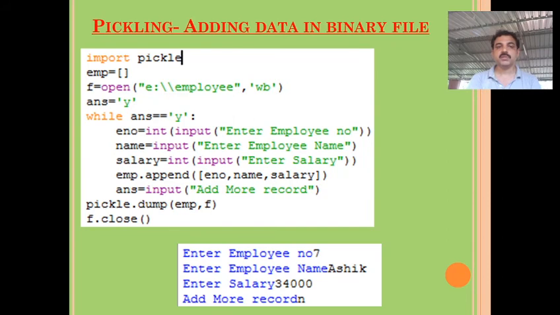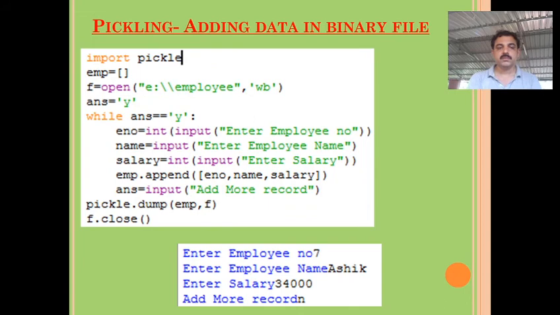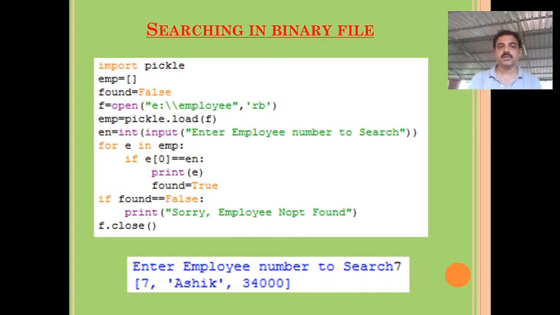We have seen the operations for adding data to a binary file. So you need to open the file for writing binary. So WB is written. Then read it and store it in a list and dump that list to the file. Similarly, if you want to display or read from the file, you have to use the load function. So after loading, you can use that list to display.